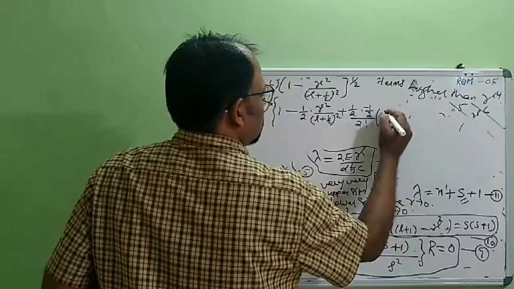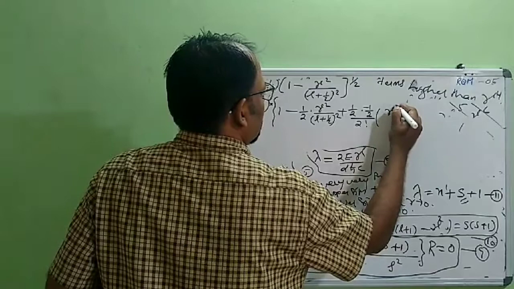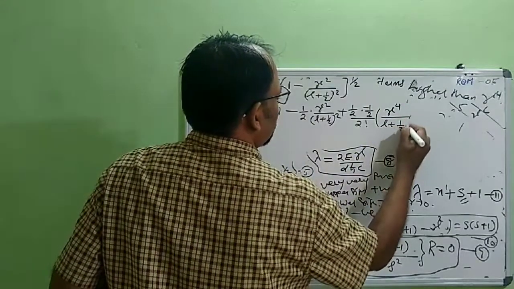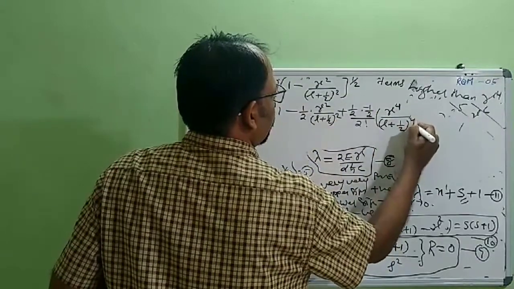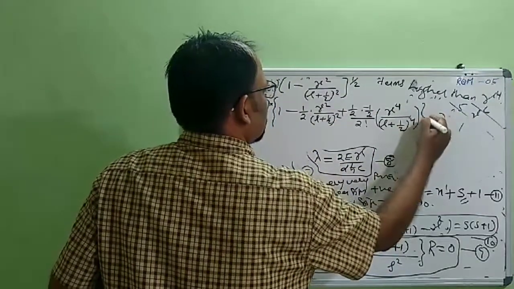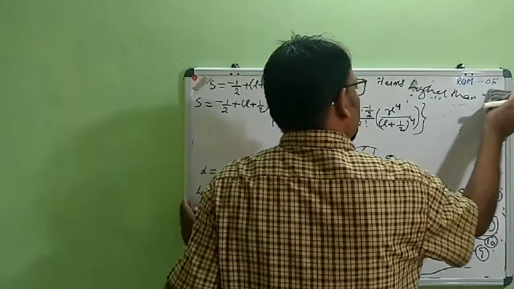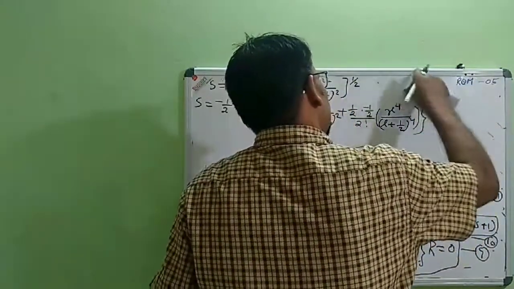X square will be gamma raised to 4 by (L plus 1 by 2) raised to 4. Neglecting the higher terms, we preserve terms only up to gamma raised to 4.